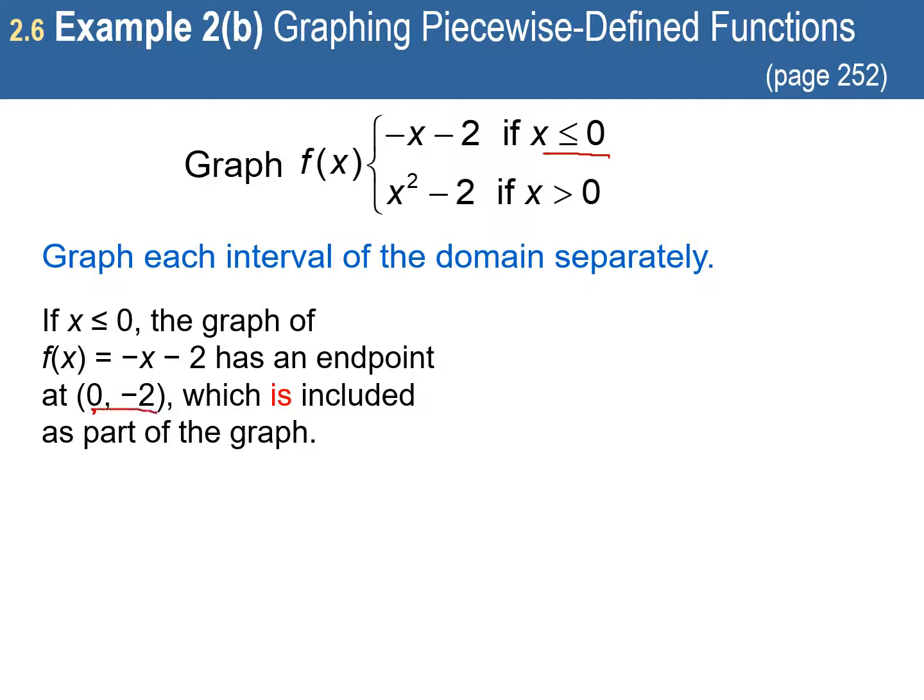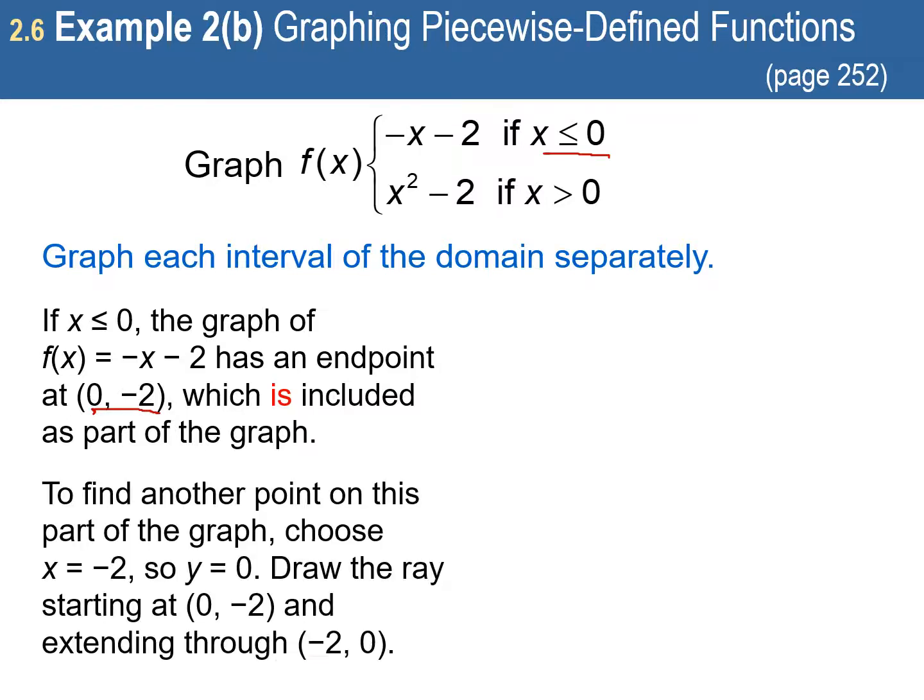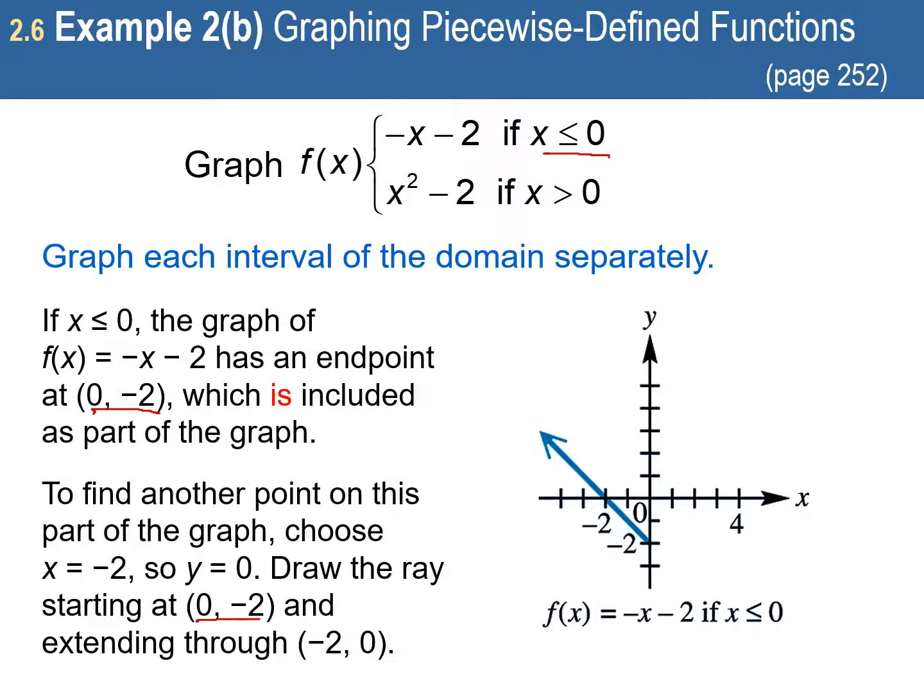So (0, negative 2) is included as part of the graph. Now you just pick another point. And if we pick negative 2, we get y is 0. So you have a ray starting at (0, negative 2) and going through (negative 2, 0). So this is the first piece of your graph.